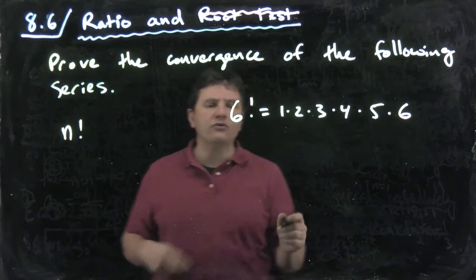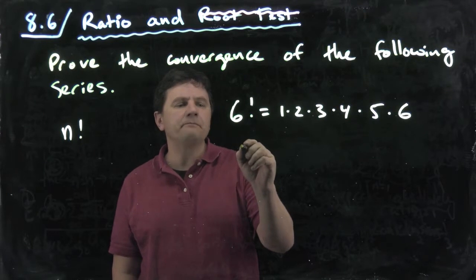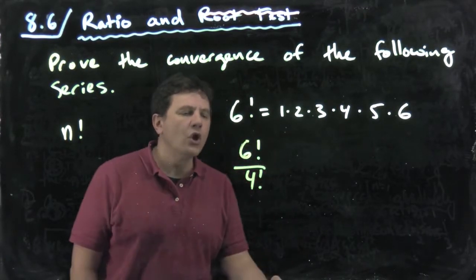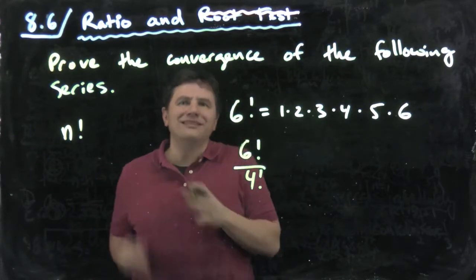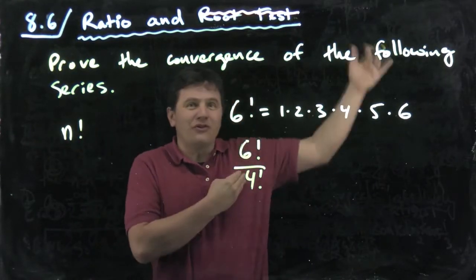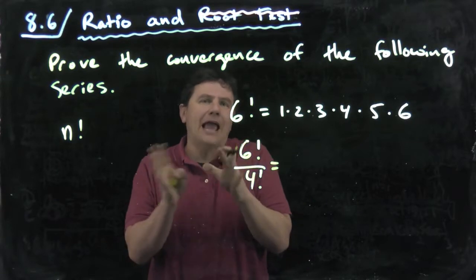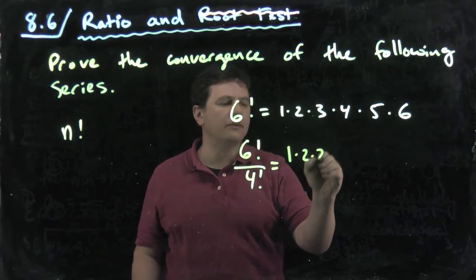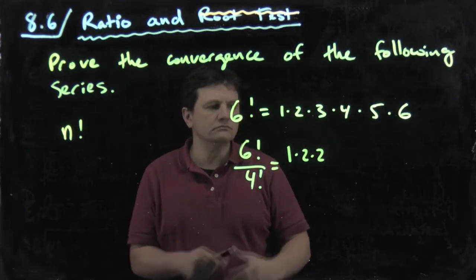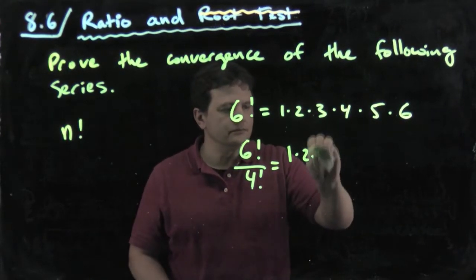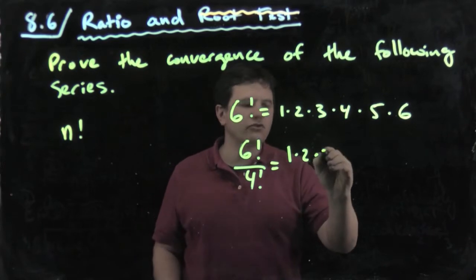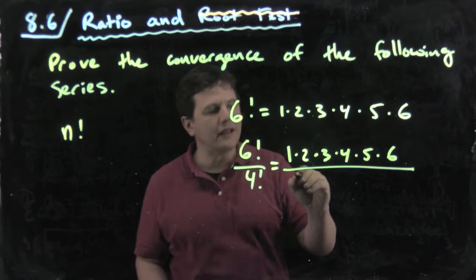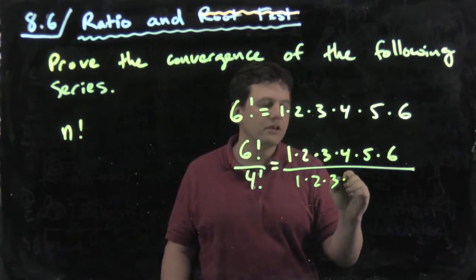But what happens with factorials, which is kind of interesting, is let's say I did 6 factorial over 4 factorial. Well, all lesser factorials are factors of higher factorials, because any factorial has all the lesser factors. So 1 times 2 times 3 times 4 times 5 times 6 over 1 times 2 times 3 times 4, right?